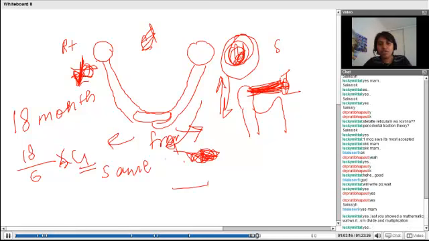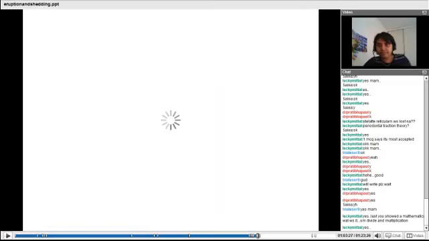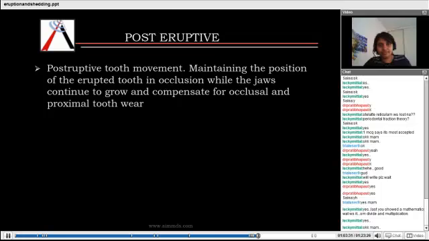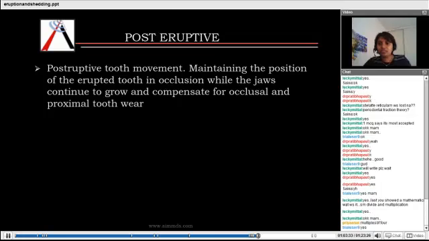Simply you can say 18, how many 6 months are there? 6 months, 6 months and 6 months. 4 teeth and 4 teeth and 4 teeth. So it's 12. That's it. That's what I was doing mathematically. Yeah, multiples of 4. Isn't it? Now that was about the eruptive phase.